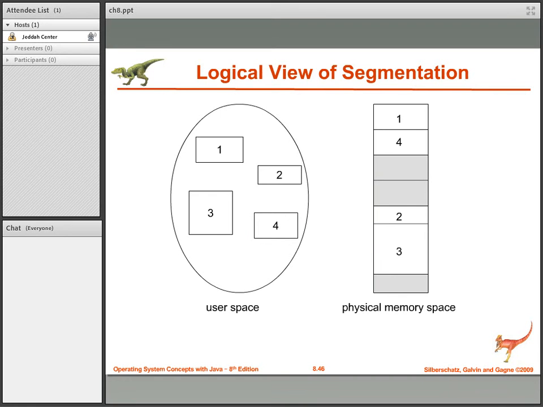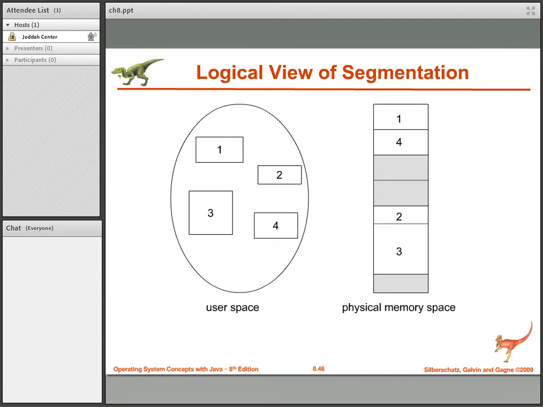Now, how do we map this logical view of segmentation from the user's viewpoint into the physical memory space? We have on the left the user space, and on the right we have the physical memory space.